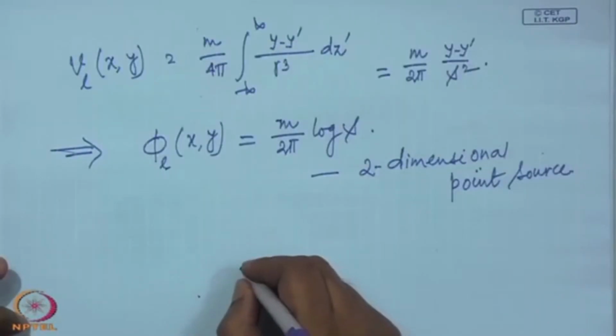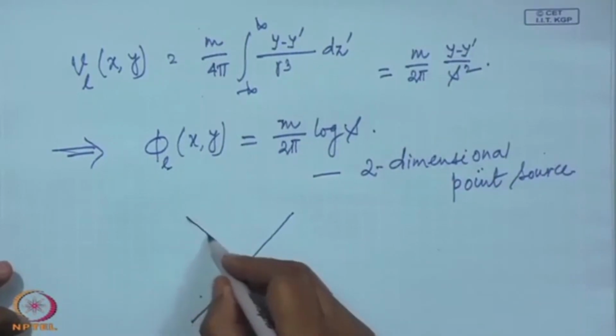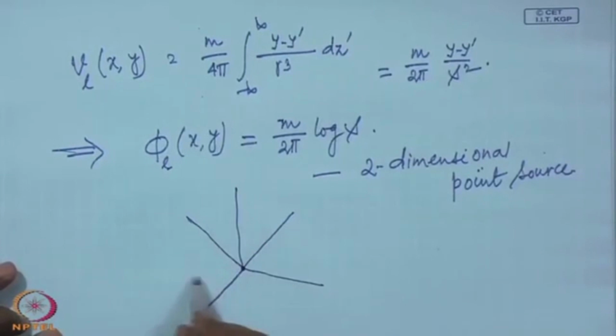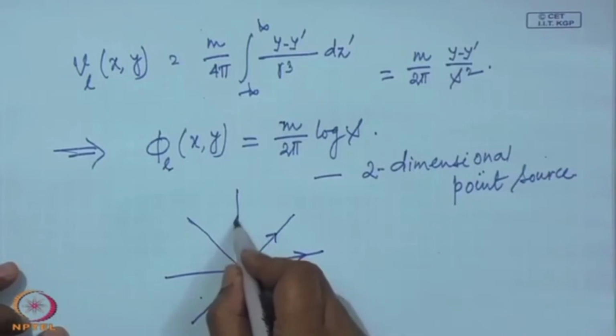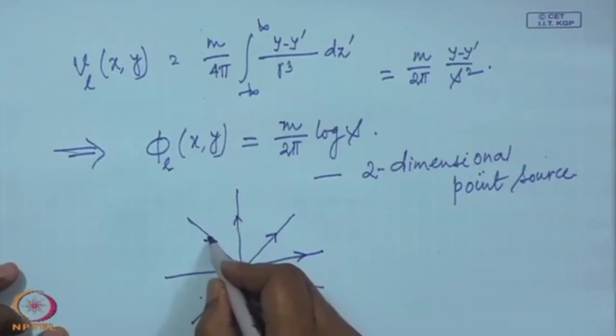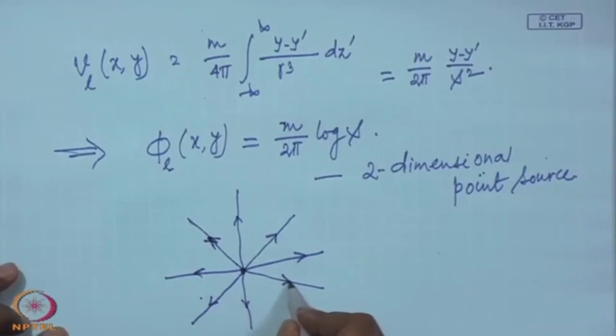So, the streamlines are just radial lines from the point source, like this. If this is the point source, so these are the streamlines for a point source, as simple as that.